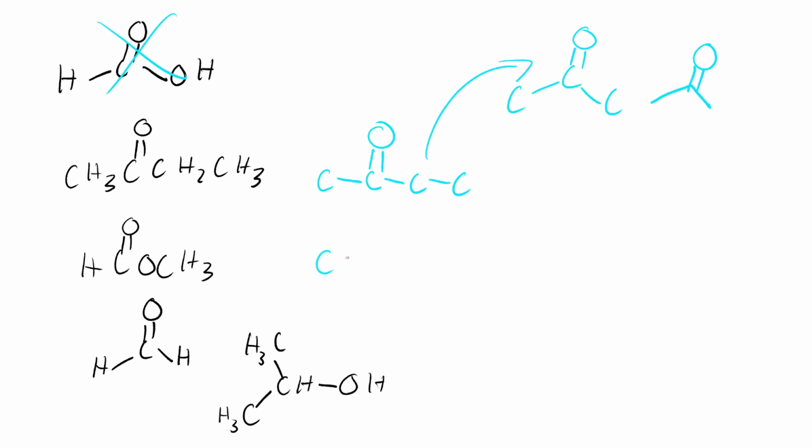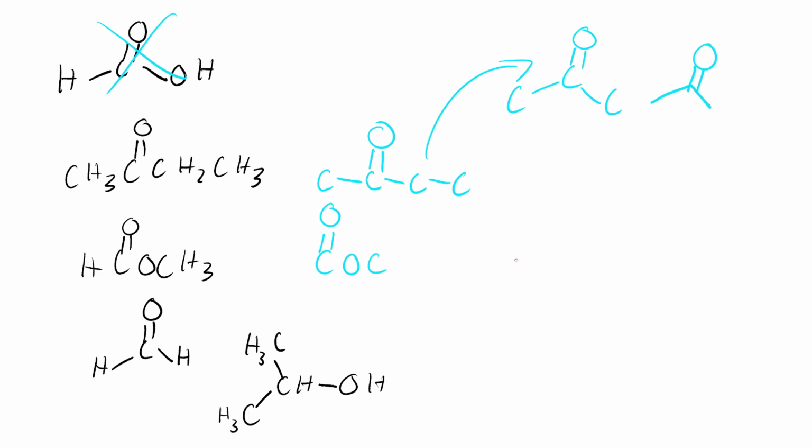What about this one? We have a carbon with an oxygen and a carbon. This actually is a what? An ester, right? Well, is it? Yeah, it has to be, because you have a carbon that's double bonded to another oxygen.